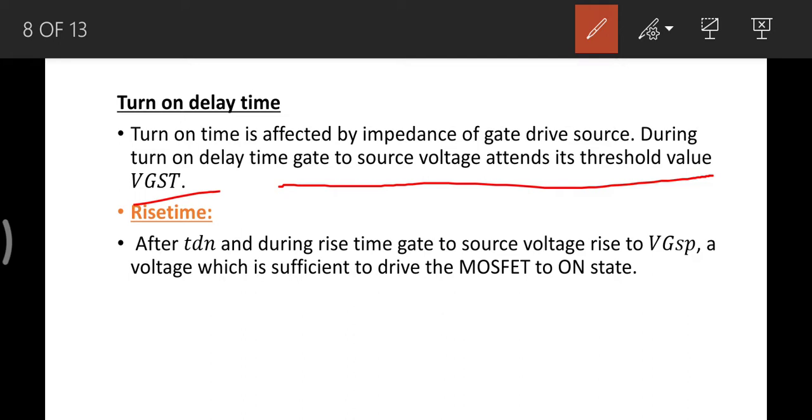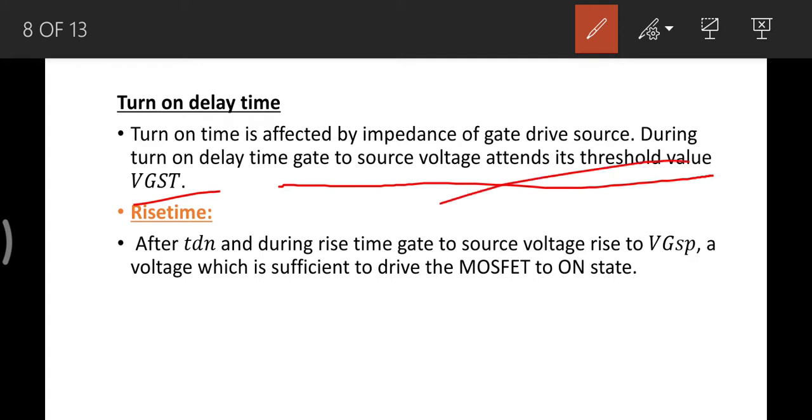Threshold value is nothing but the minimum value required to turn on the gate of the MOSFET. Below this threshold value, the MOSFET will not start. So that is the minimum value required to start the MOSFET. That is called the threshold gate to source voltage.